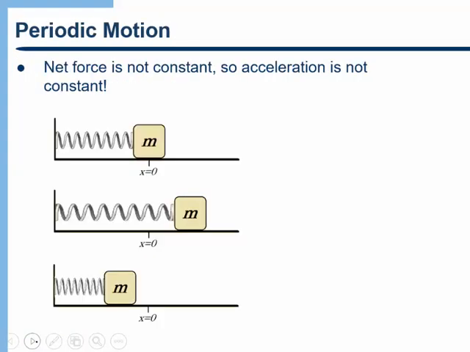Now, one of the things that you'll notice is because the force that a spring exerts depends on the position of the object, the force is not going to be constant as this mass oscillates back and forth. We know that if the force isn't constant, the acceleration isn't constant. And what that means for us is we can't use kinematics.